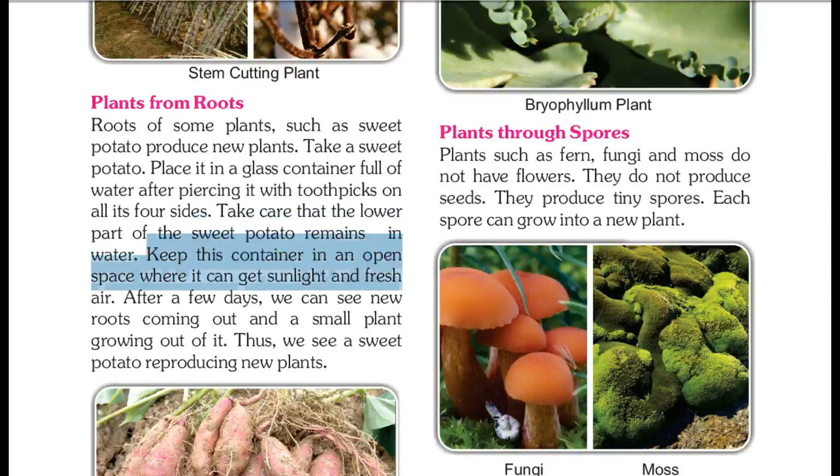Keep this container in an open space where it can get sunlight and fresh air. After a few days, we can see new roots coming out and a small plant growing out of it. Thus, we see a sweet potato reproducing new plants.